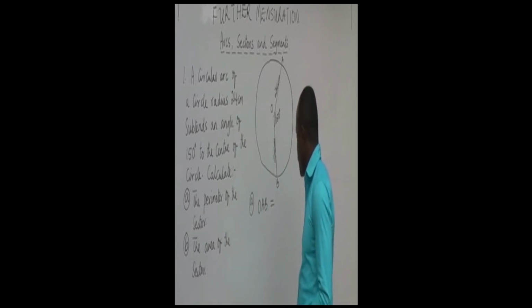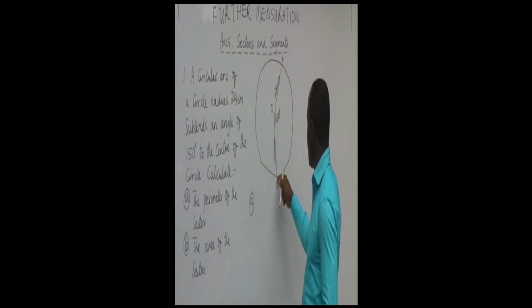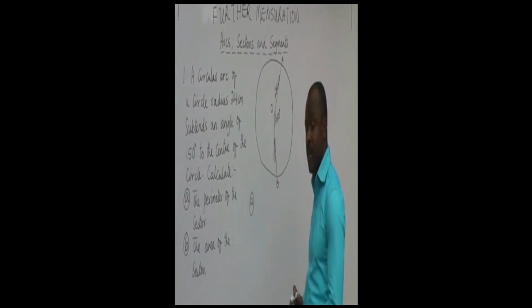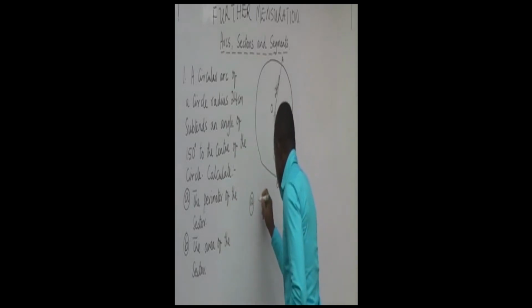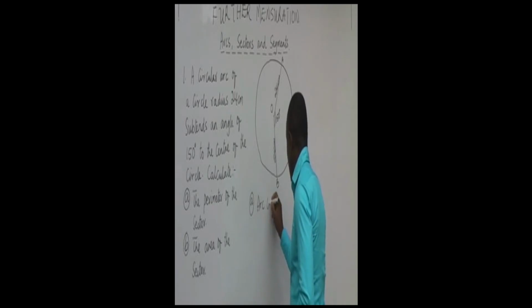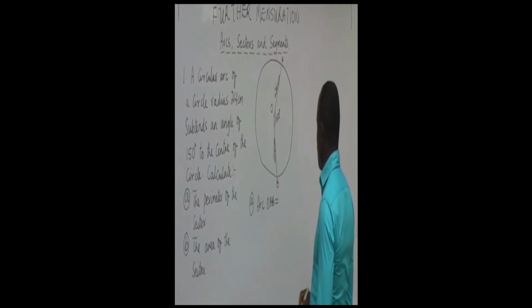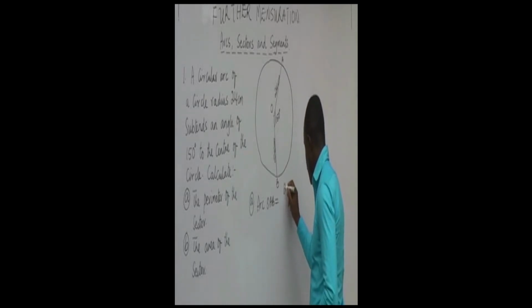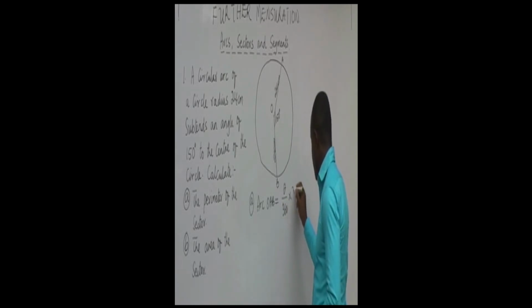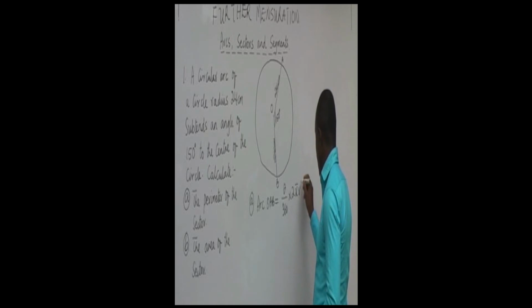So first of all, let's calculate the length of the arc. When we calculate the length of the arc, we add it to twice the radius of the circle. It will give us the perimeter. Arc AB, its length will be given by this formula, theta over 360 times 2 pi r.